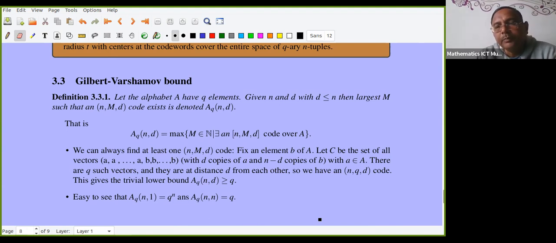Means given q, n, and d, what is the maximum value of M we can have? That is, A_q(n, d) is equal to the maximum of M such that there is an (n, M, d) code over A. Is the A_q(n, d) notation clear to you?